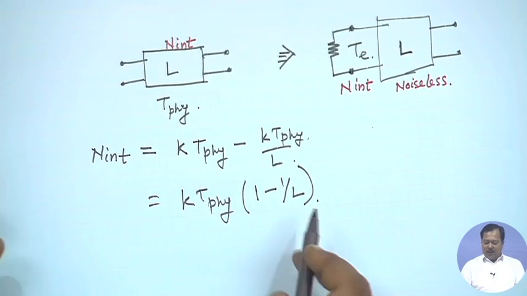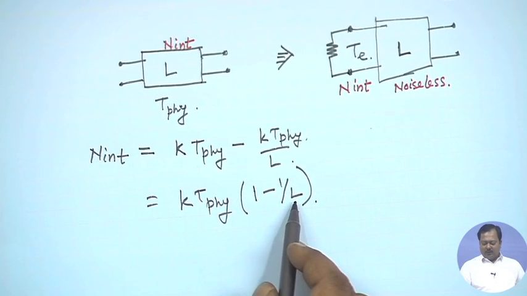If I want to represent in terms of gain, then L will be simply 1 by G.